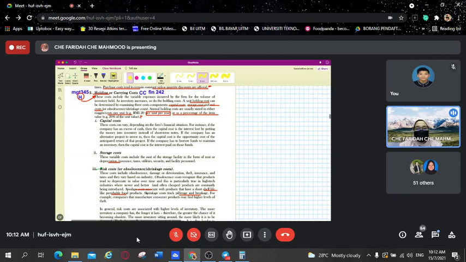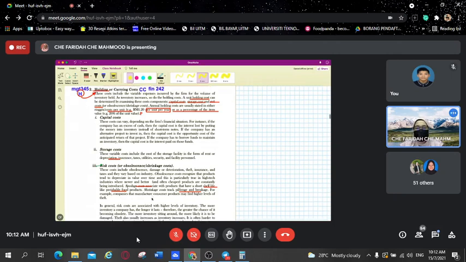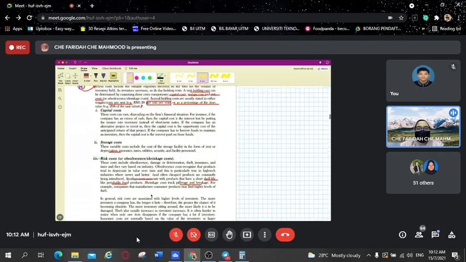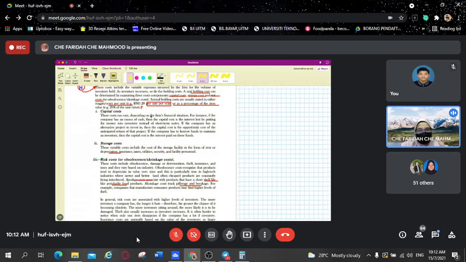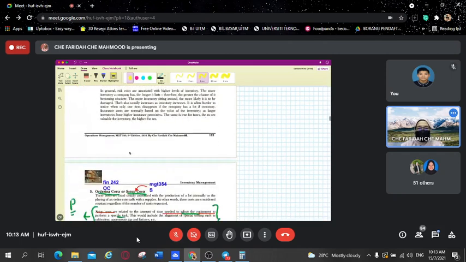Spoilage cost is the cost when the material has a short shelf life, and its expiry date comes very quickly. Okay, all that. So they consist of many costs. This is what you have in the ebook: storage cost, risk cost and so on.